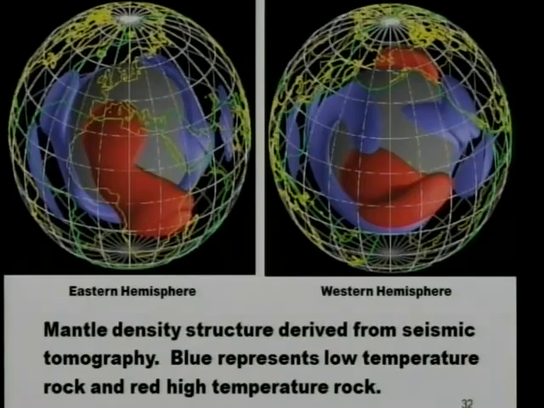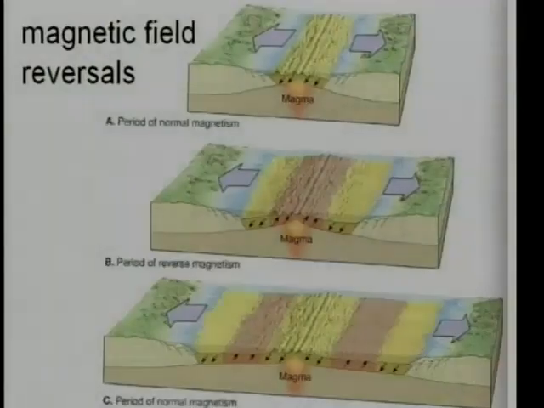And this is a real problem for the conventional theory, because on the conventional timescales, all of the stuff that's been subducted should have melted in the time that it's been there. But yet we can still see these plates sinking very deep into the mantle, which would fit exactly with this happening as a very recent event. So there's some direct evidence that would support this sort of a model.